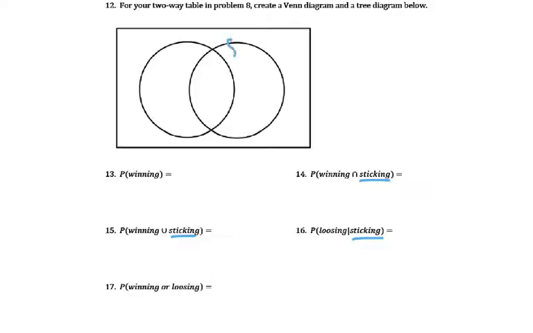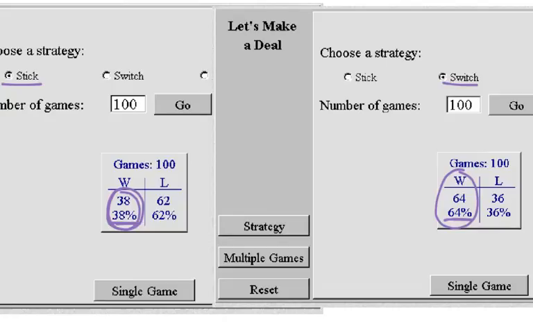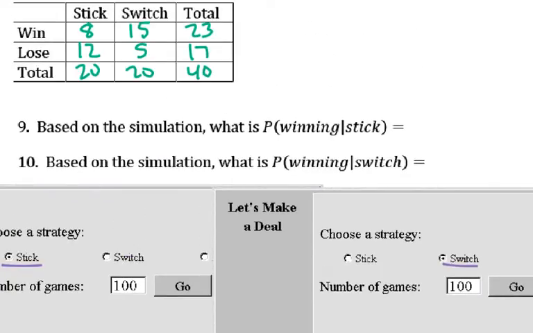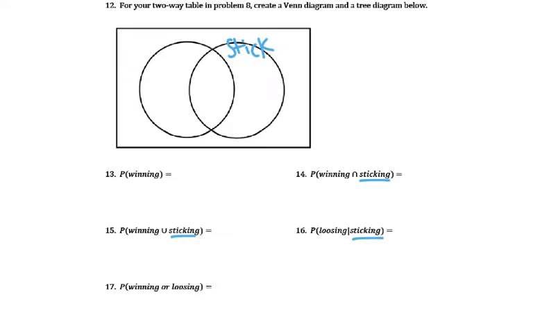So we have stick here. In ours, we won 8 times. So if I'm looking back here, this would be 8. Oh wait, no, not sticking. Winning would be 8 times.